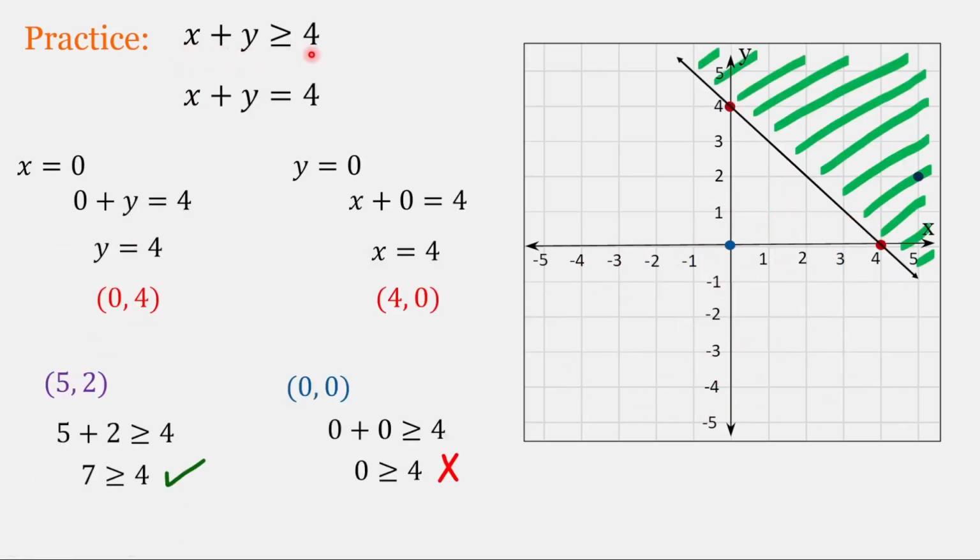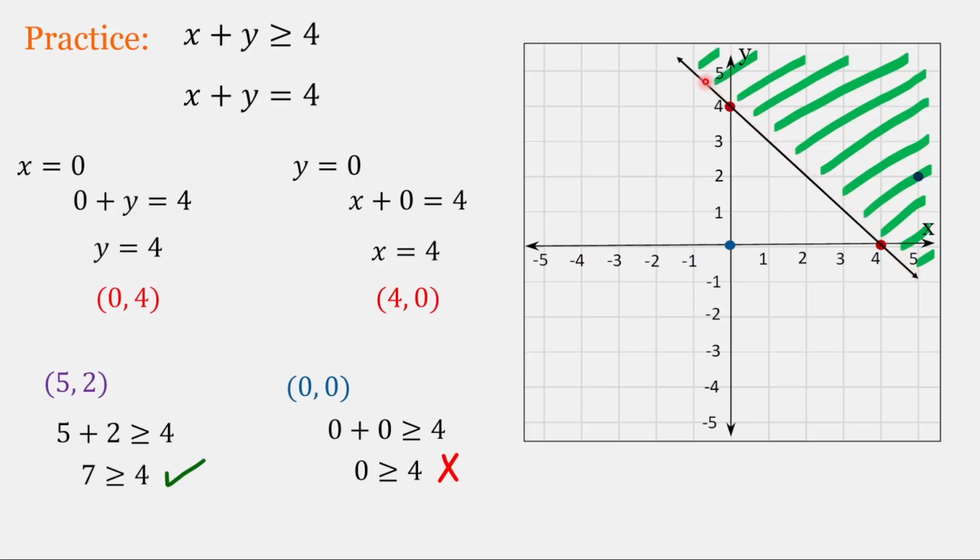For this second inequality, we have x plus y greater than or equal to 4. Converted this into the equation, x plus y equal to 4. For this equation, we're able to find both the y-intercept and the x-intercept. Graphing those 2 points, we were able to draw our line.